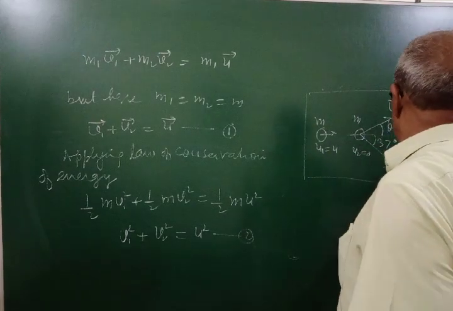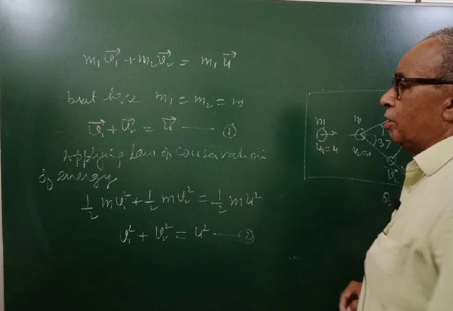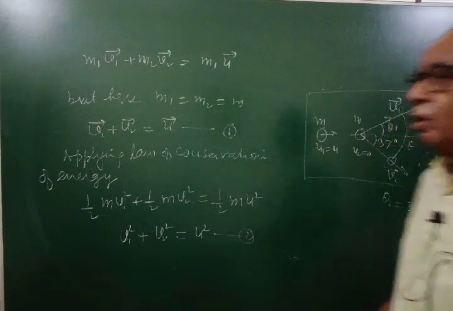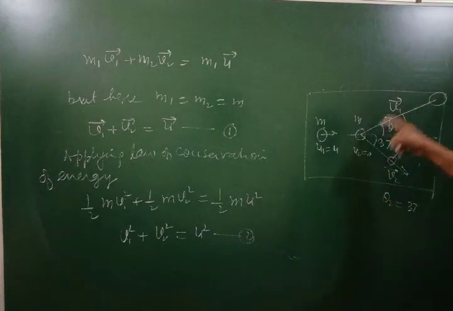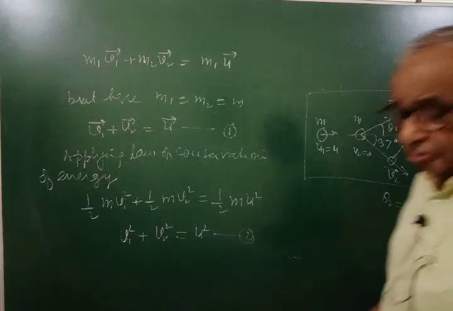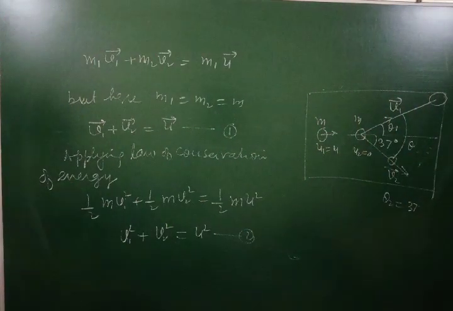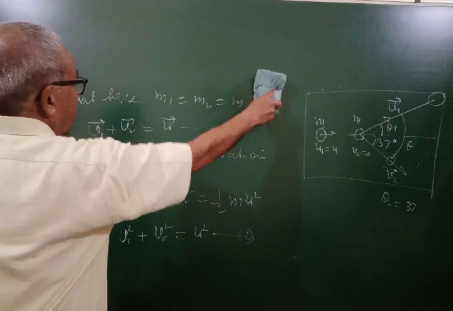Let the angle between the directions of V1 and V2 be theta. How to find it here? We have learnt scalar product.